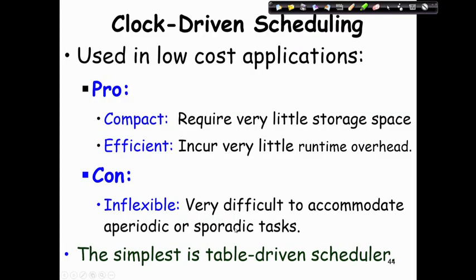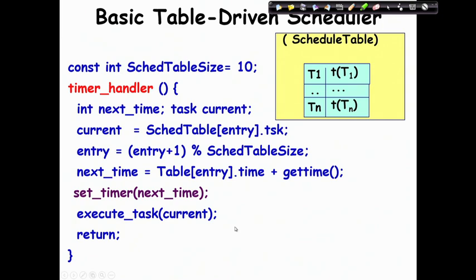And now, let us look at the table driven scheduler. In the basic table driven scheduler, the operating system stores a table in the memory. This table contains only two parameters in the simplest form: what are the tasks and the time for which each will run.